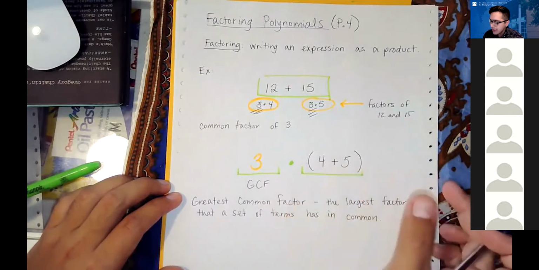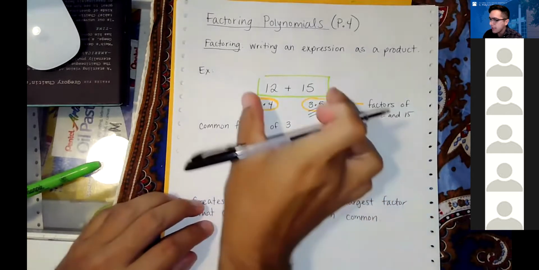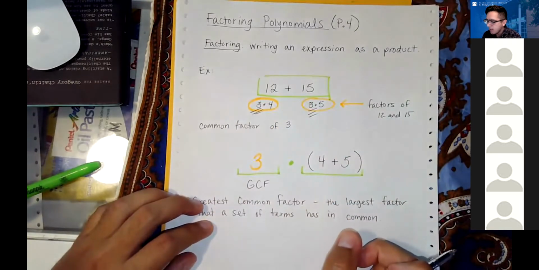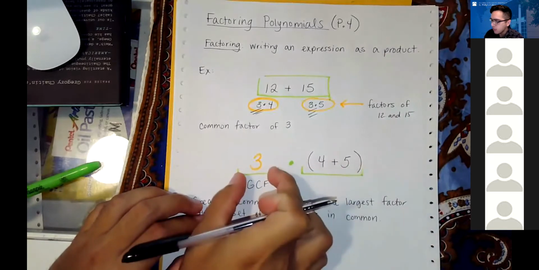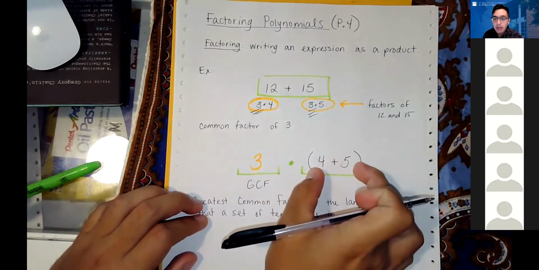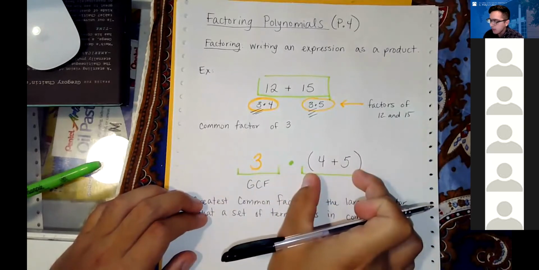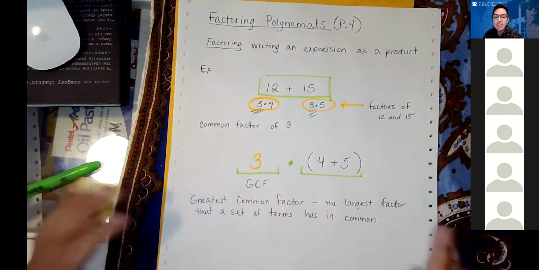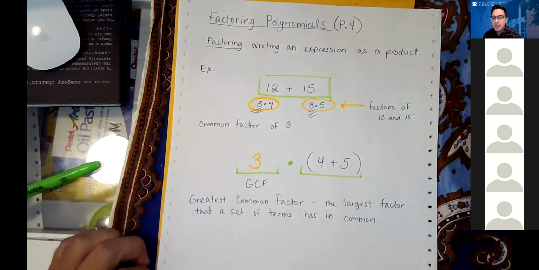So what we can say is that both of these factors multiply to make the original expression. And these 2 factors are prime and this expression has been completely factored and written as a multiplication problem. Does that make sense?